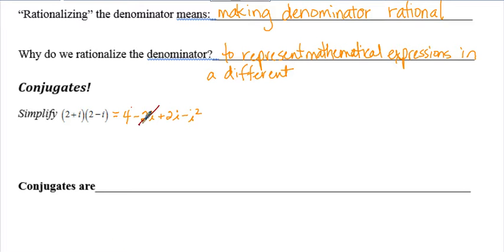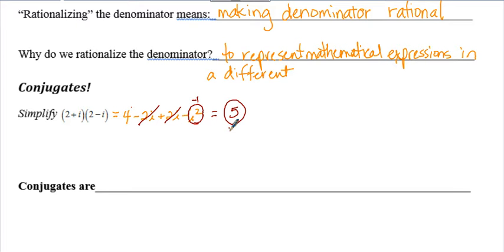Let's cross out the terms that cancel each other out. Let's replace i squared with a negative 1. So now we're looking at a 4 minus a minus 1, or a plus 1. 4 plus 1 is 5. Again, we started with two things that had imaginary components, and we resulted in a rational number.